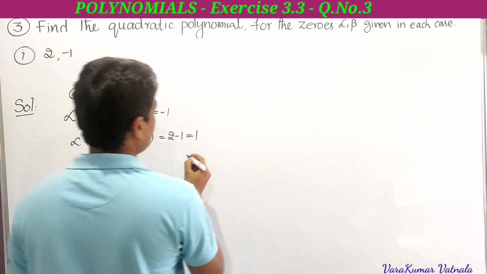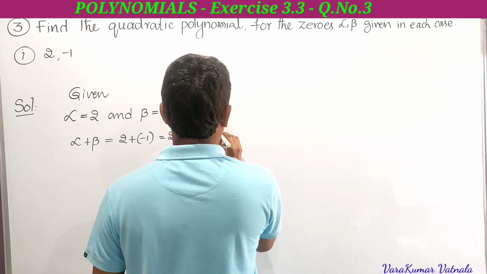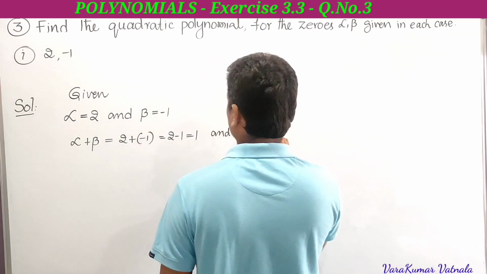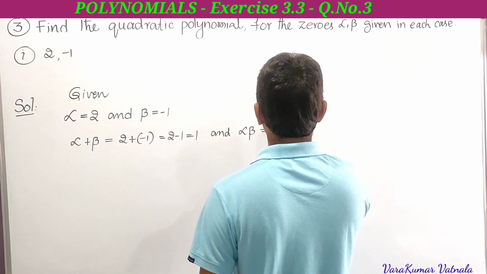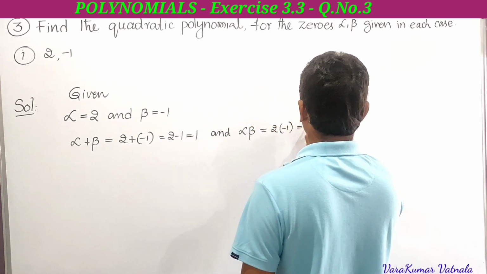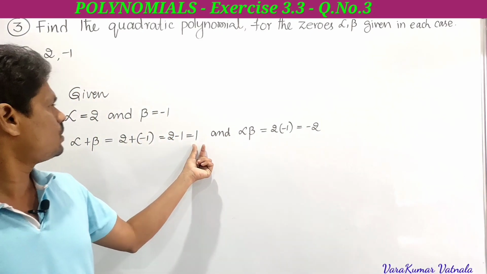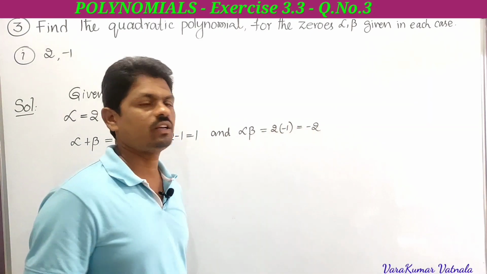And we require alpha into beta: alpha is 2, beta is minus 1, 2 into minus 1 is minus 2. So alpha plus beta is equal to 1, alpha into beta is minus 2.